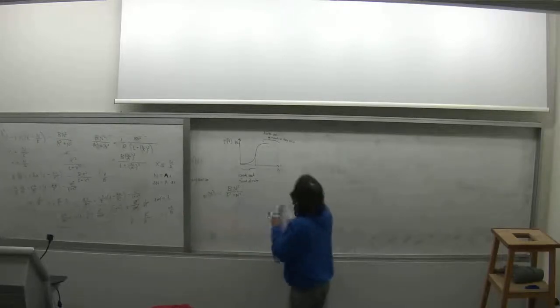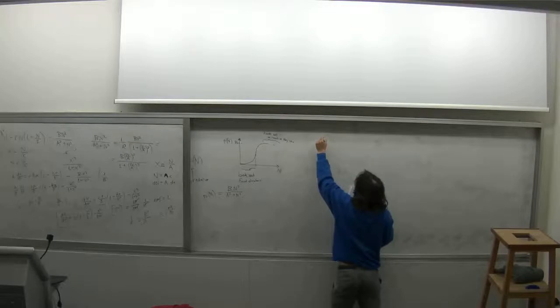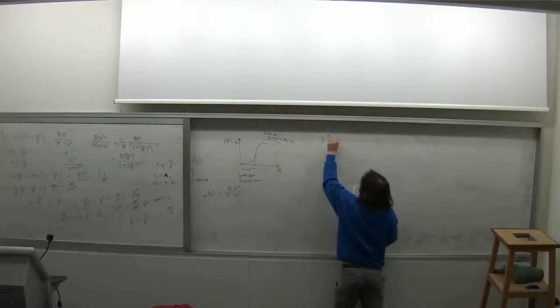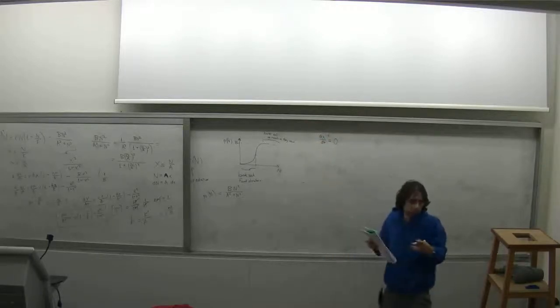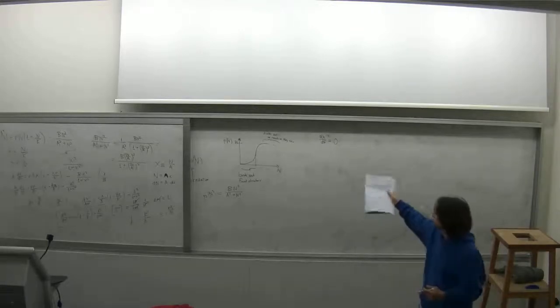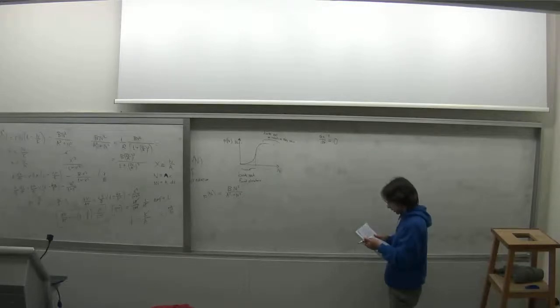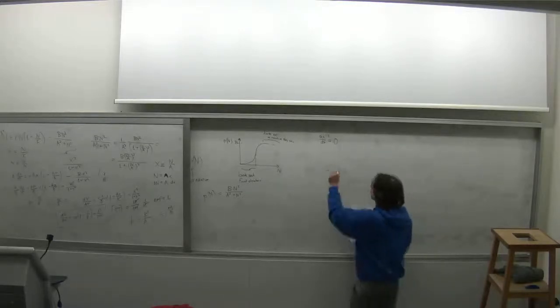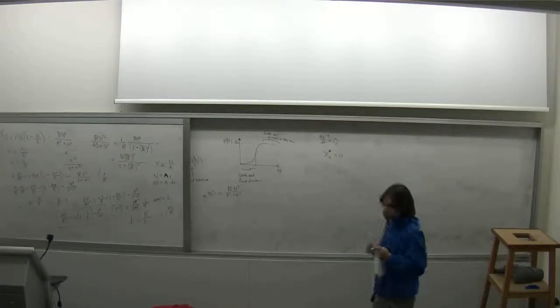I'll just do it here. So fixed points, we'd like to demand that dx over d tau, because x dot is by definition dx over dt, so I must write dx over d tau equals 0. And we have one fixed point always at x equals 0.